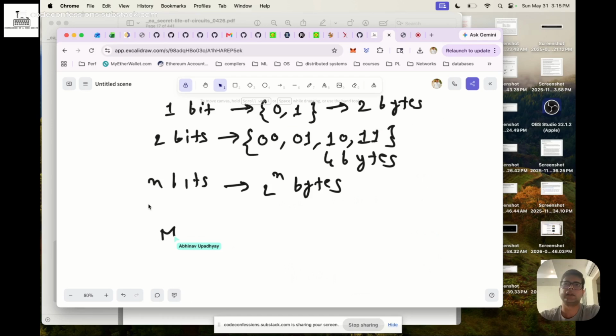So what does that mean? One of the implications of having a 64-bit processor is that the register size is also 64 bits wide. So you have registers which are 64-bit.